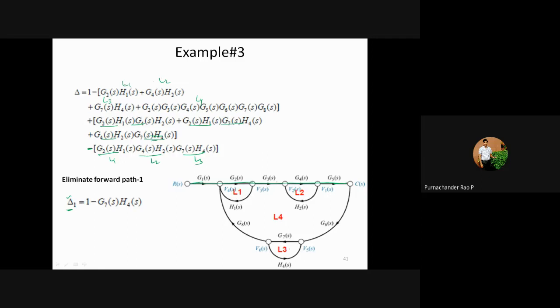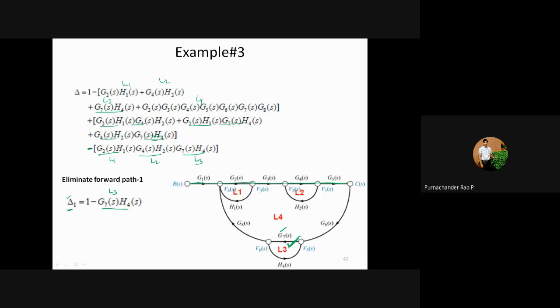Only the loop L3 is not touching this forward path. So we need to consider L3 only. 1 minus L3, where L3 is given as G7H4. So we'll represent delta 1 as 1 minus G7H4.